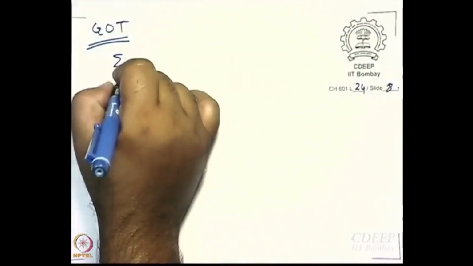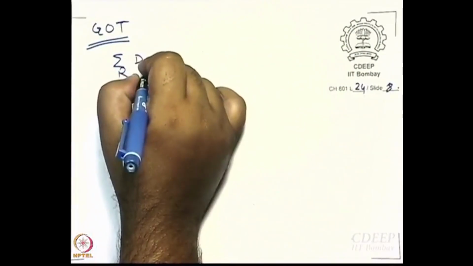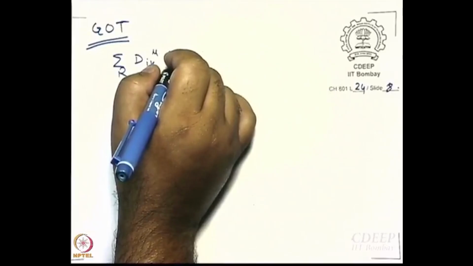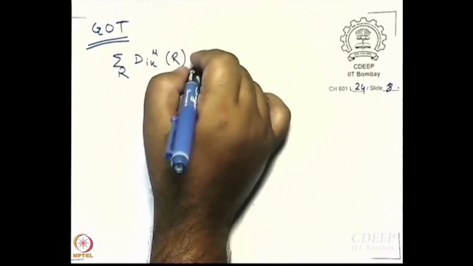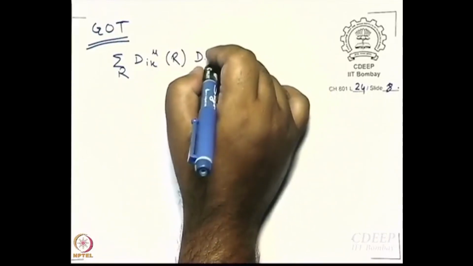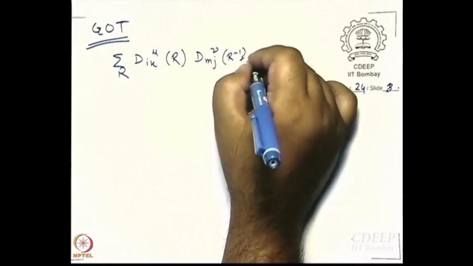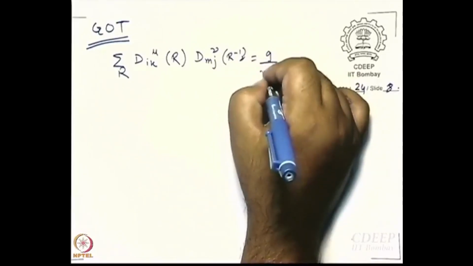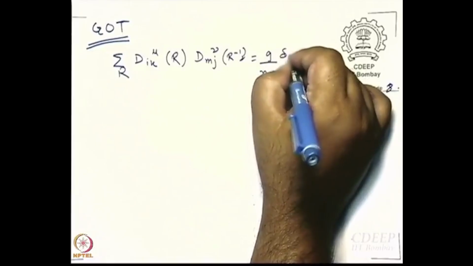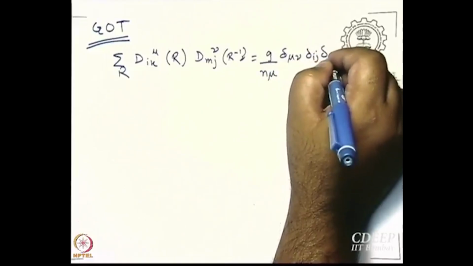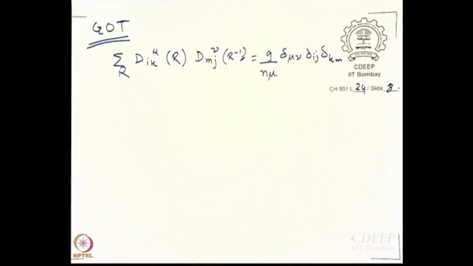Sum over R d_ik^mu(R) d_jm^nu(R inverse) is equal to g by n_mu delta_mu nu delta_ij delta_km. It's a little different from what we had written earlier, isn't it?